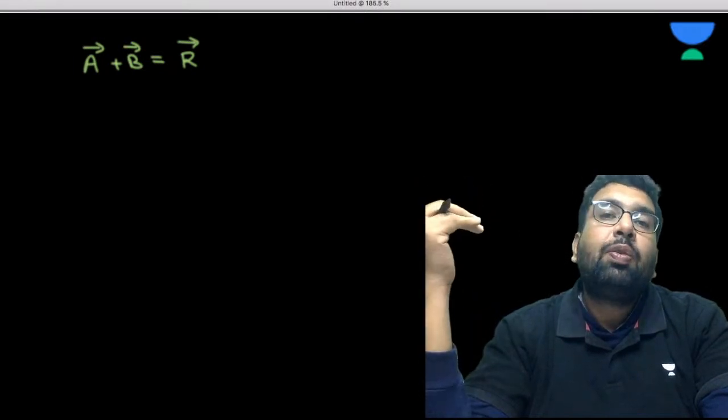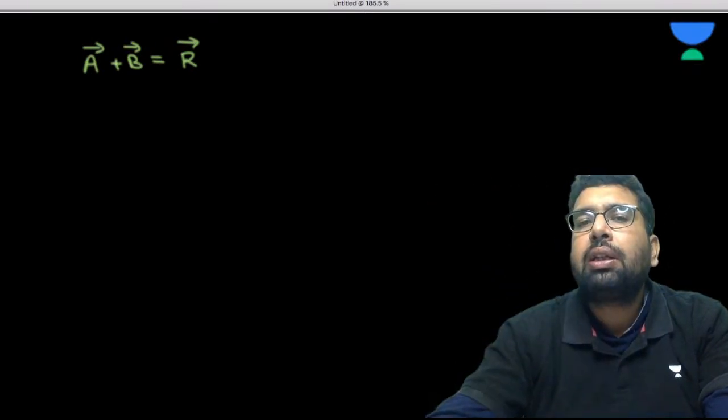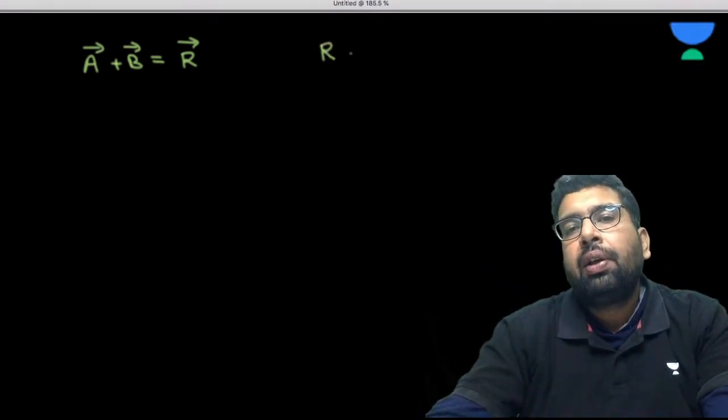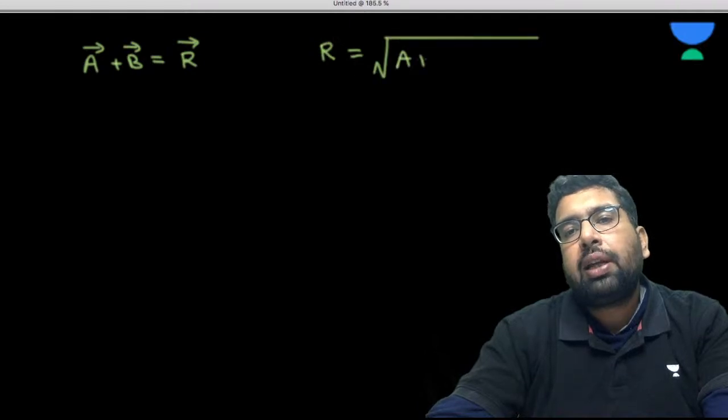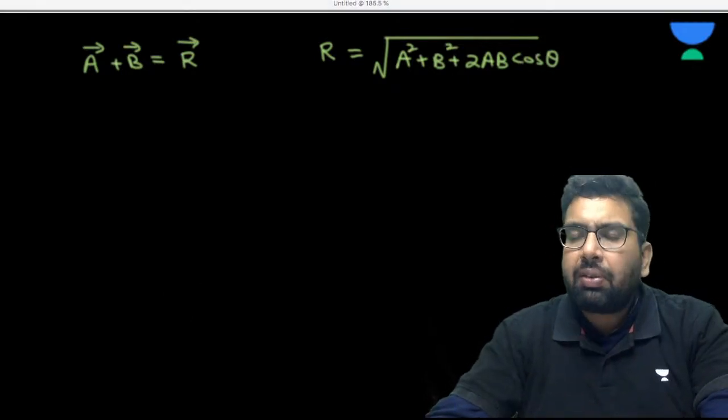But if we want to apply the Cartesian or dot product approach, can you derive this? R is equal to root over A square plus B square plus 2AB cos theta. This is the expression. But if we want to derive it through what we have learned, can you try it?